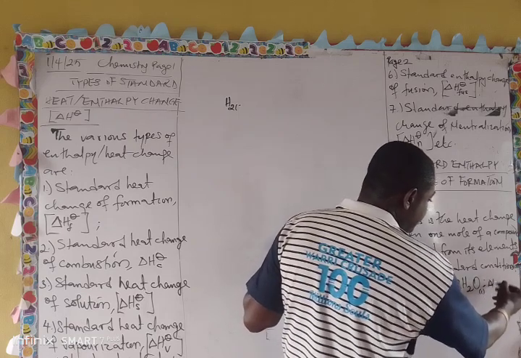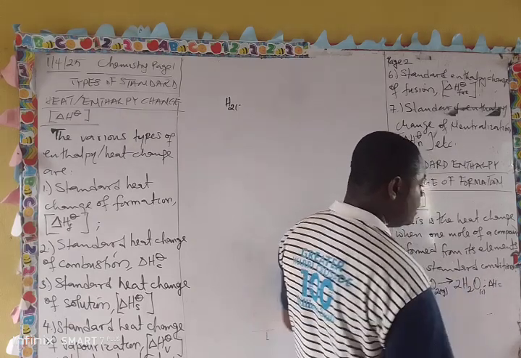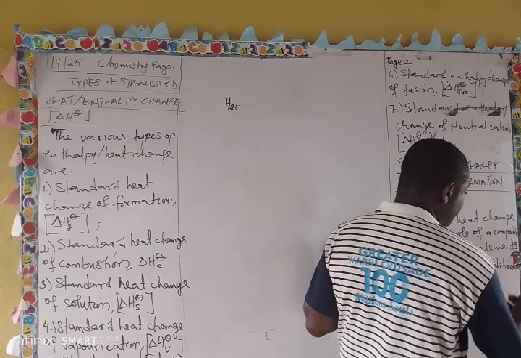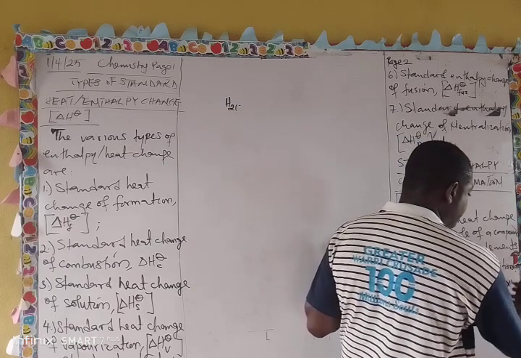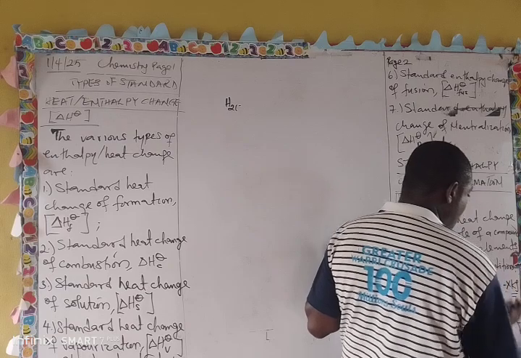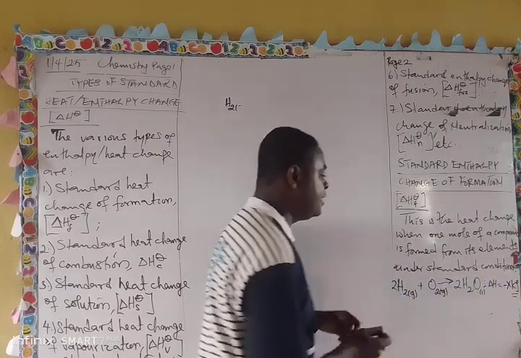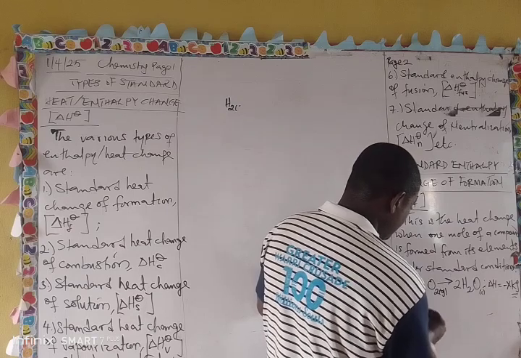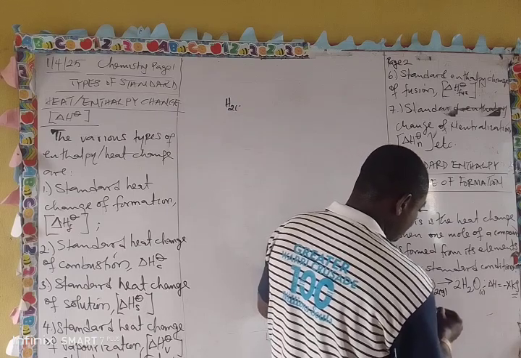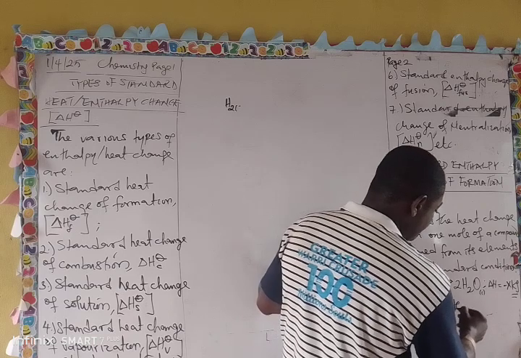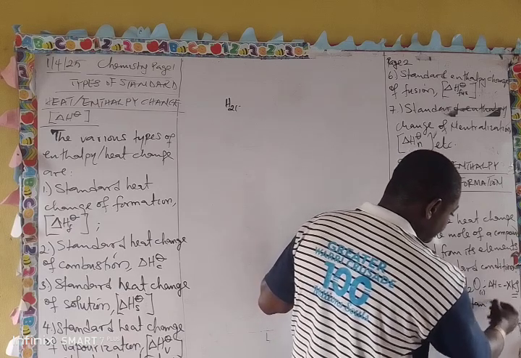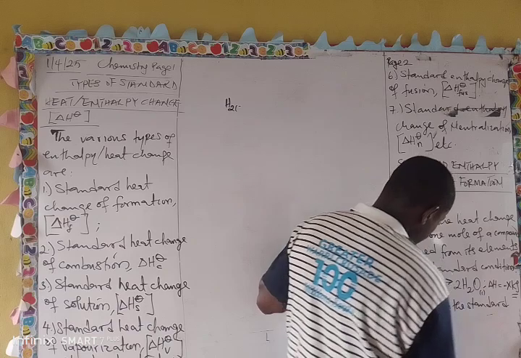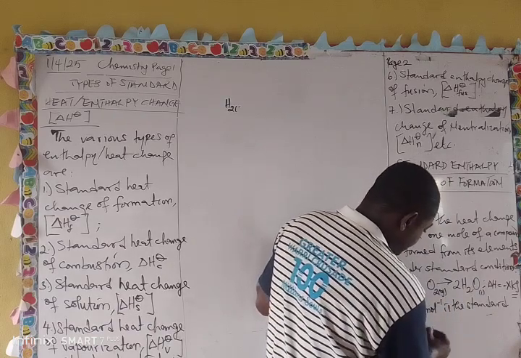Then whatever delta H they put here, let's say minus X kilojoule, that number, minus X kilojoule per mole, is the standard enthalpy change.